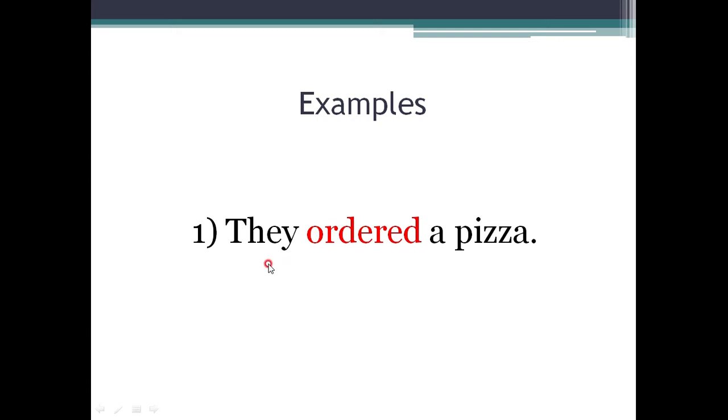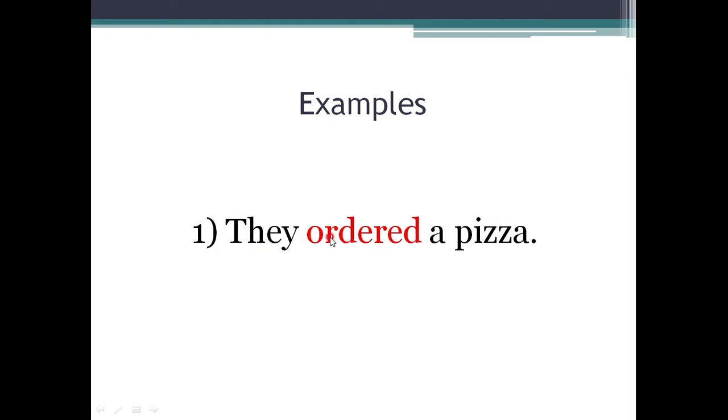The first one, they ordered a pizza. This sentence is in past because the verb here ended with ed, and this is the form of past. When we change it into negative form, we have to add what? Yes, exactly, to add didn't after the subject. Here, they, this is a subject.